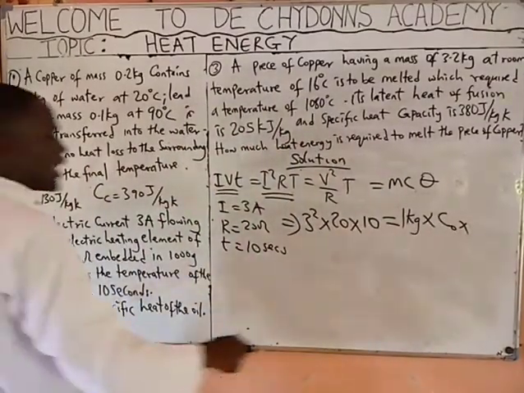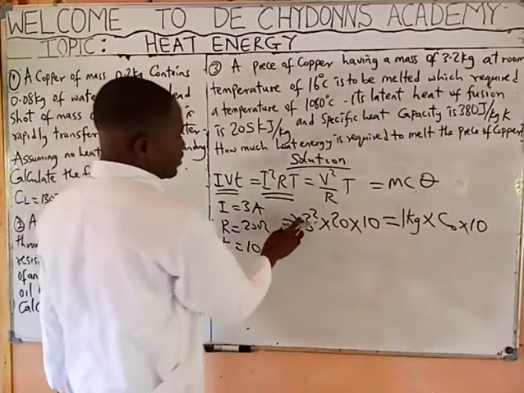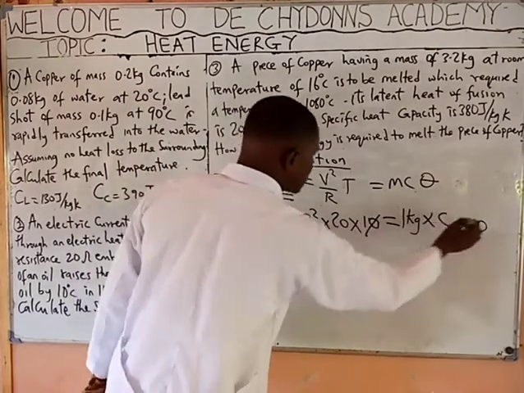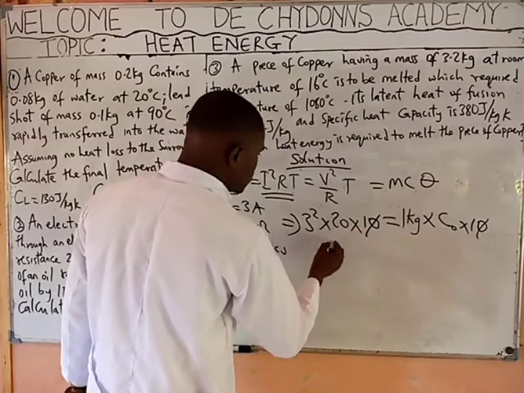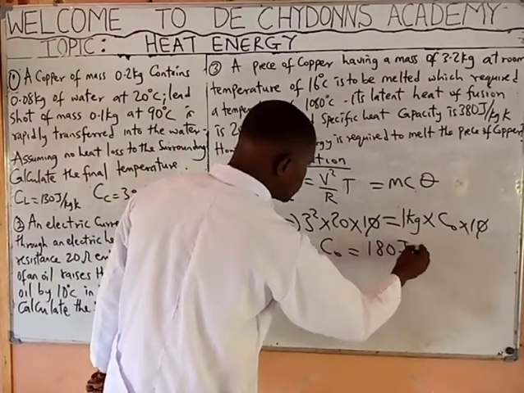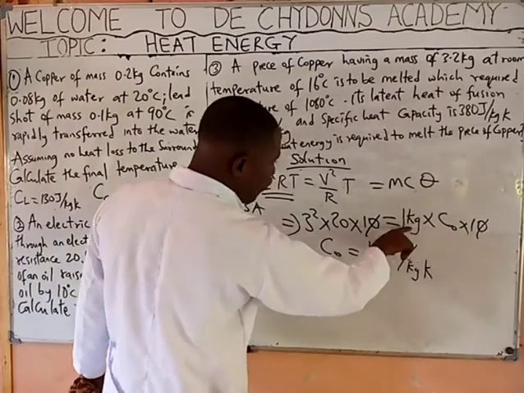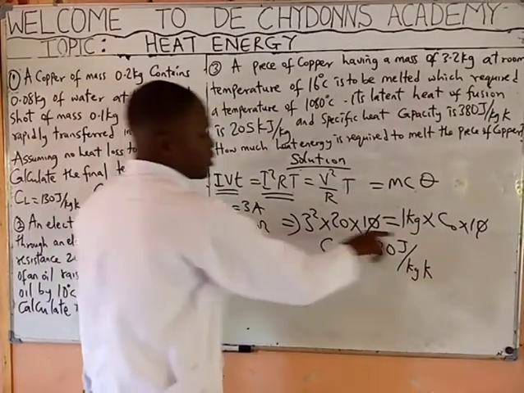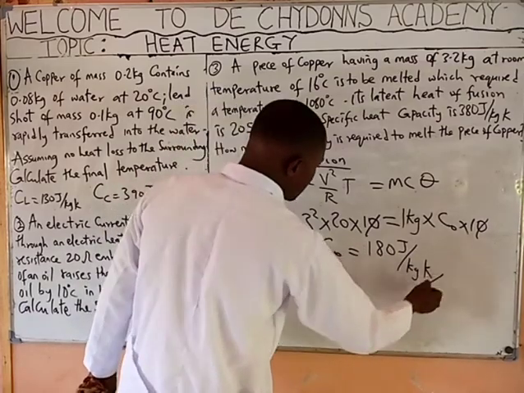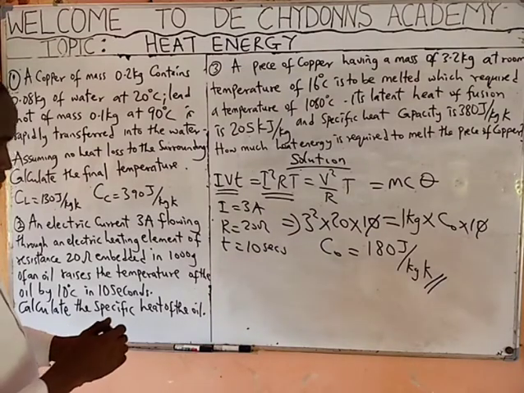The temperature is 10 degrees. So 3 square, 9 times 20 is 180. This will cancel this. This will be giving you C equal to 180 joules per kilogram per Kelvin. This is the specific heat capacity of the oil.